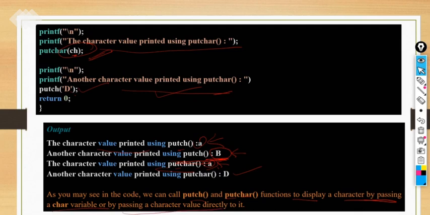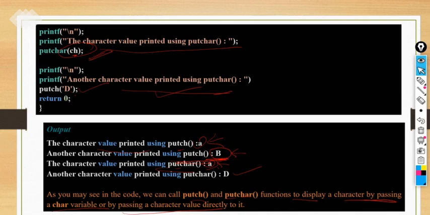That is a specialty of the putchar and putch functions. So these three functions are used to display the output on the console screen, whatever output the user wants from the program he is trying to execute.